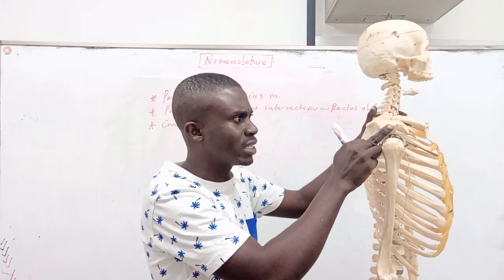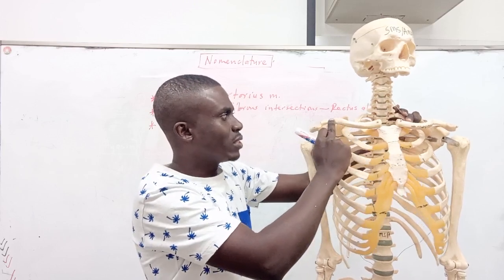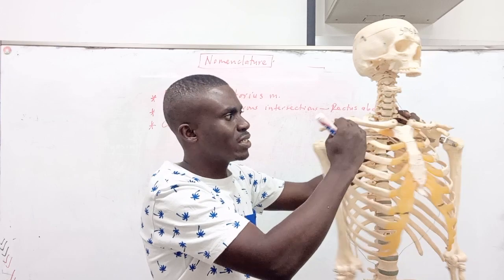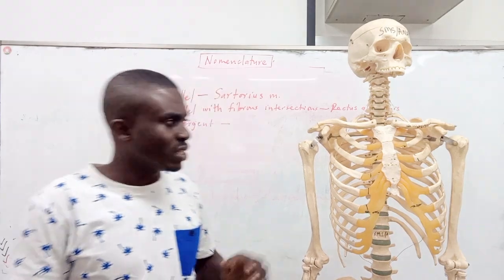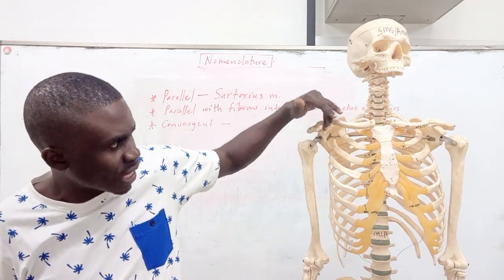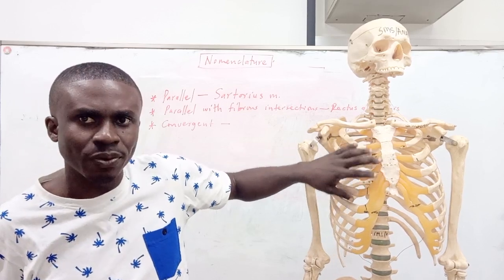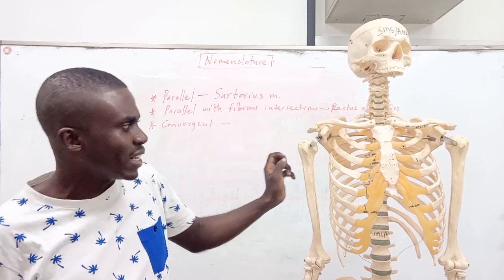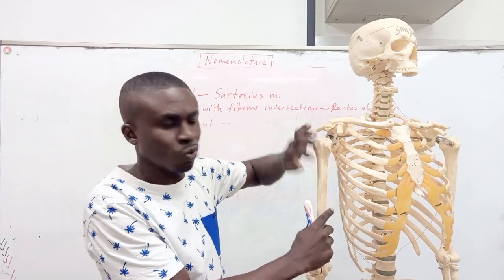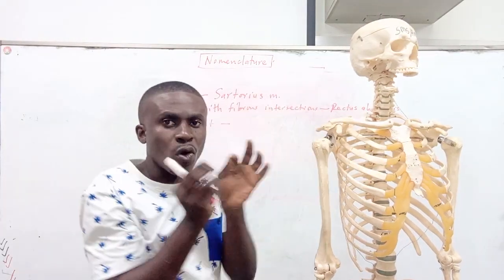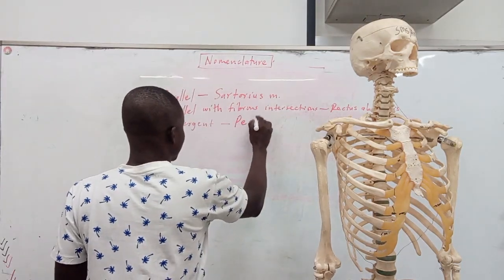Then also the clavicle, and the sternum and the costal cartilages. They come all the way this way, spiraling to insert on the lateral lip of the bicipital groove. So all these fibers spiral to come here, converging at a point. A typical example is the pectoralis major.